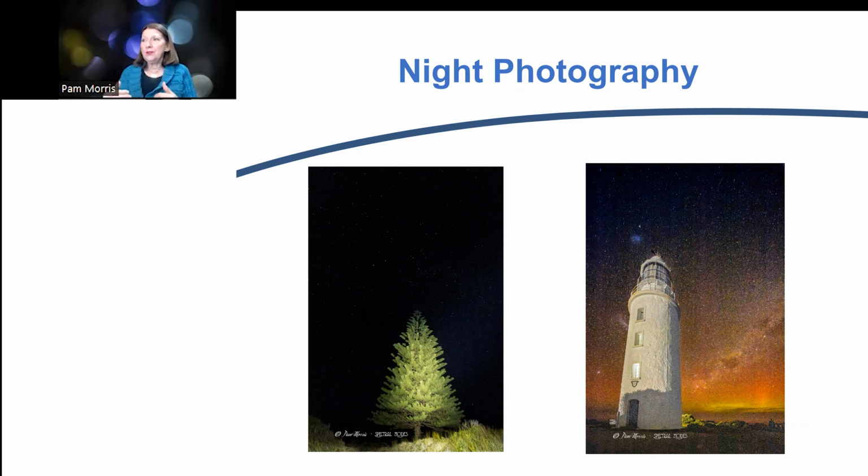We really need to put a subject in the front of it to give it, I guess, a scale thing here. There's a context of where is this particular night sky. Well, it's at a lighthouse, and lighthouses are right on the edge of the coast, and the Aurora Australis is always facing south. So that gives us an idea of the context of that particular image.